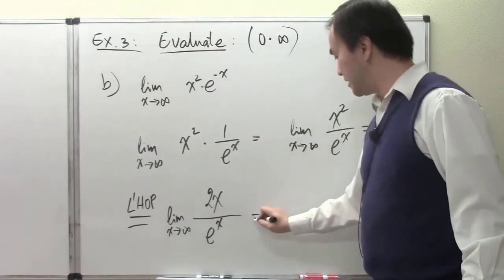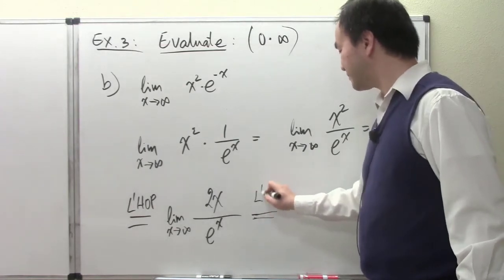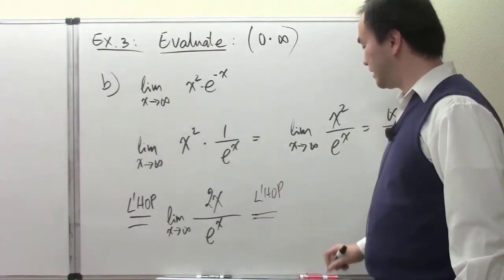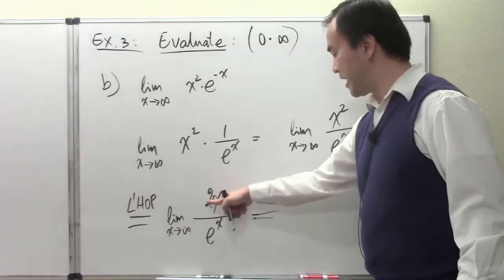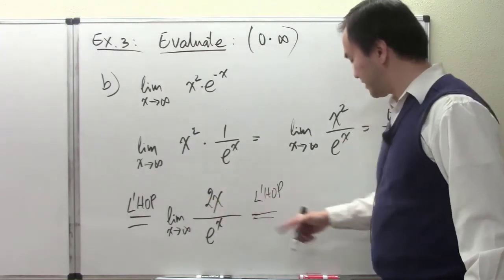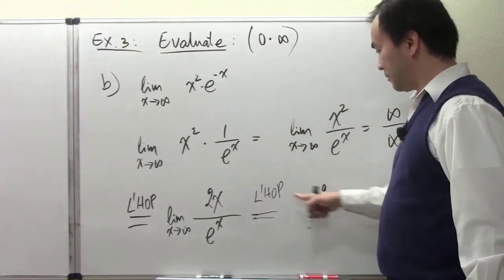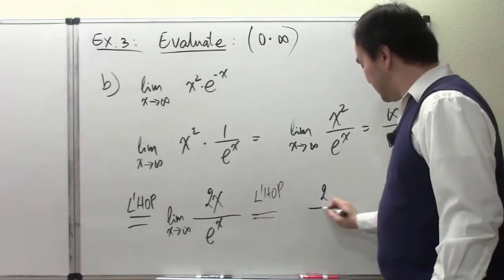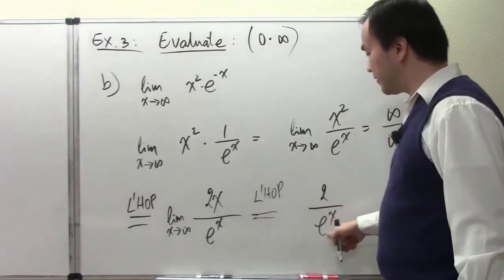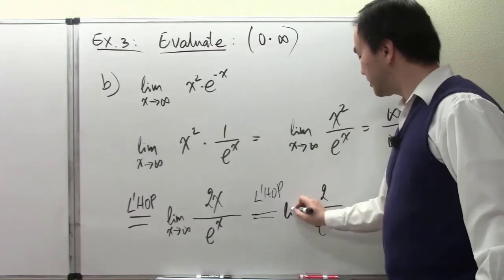So I'm going to apply another L'Hopital's rule, and here I'm going to create two more functions: 2 coming from the derivative of 2x, and e to the x coming from the derivative of e to the x.